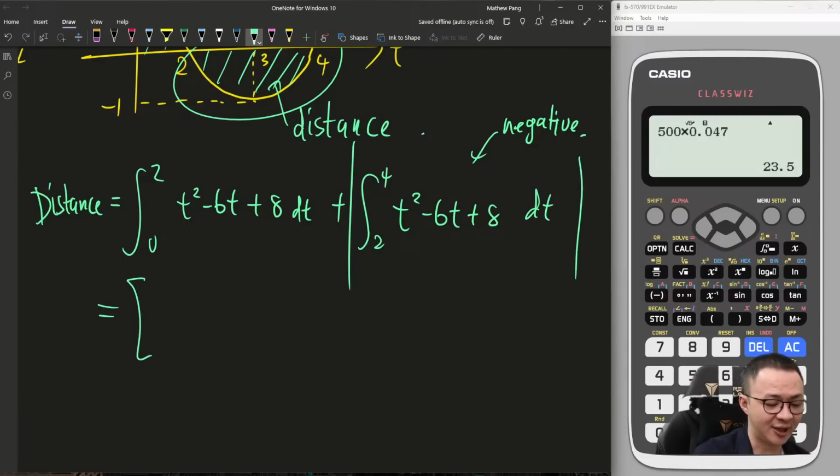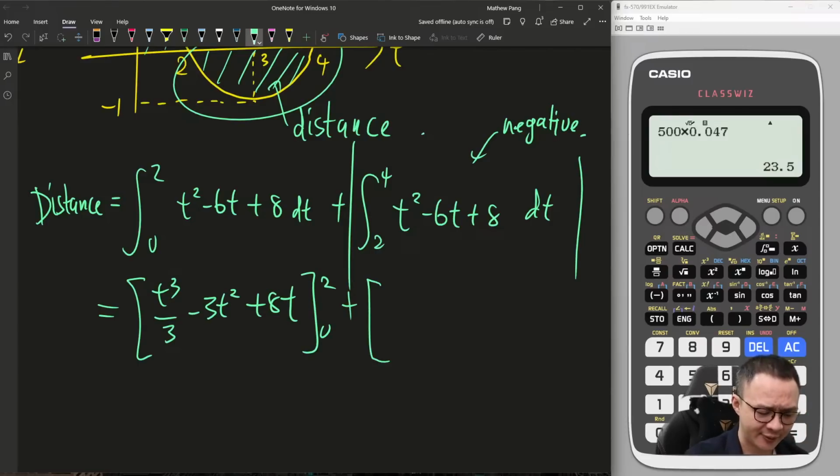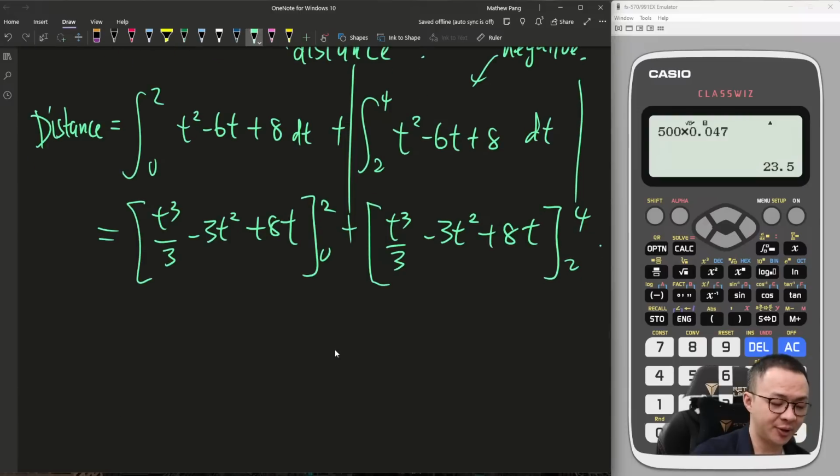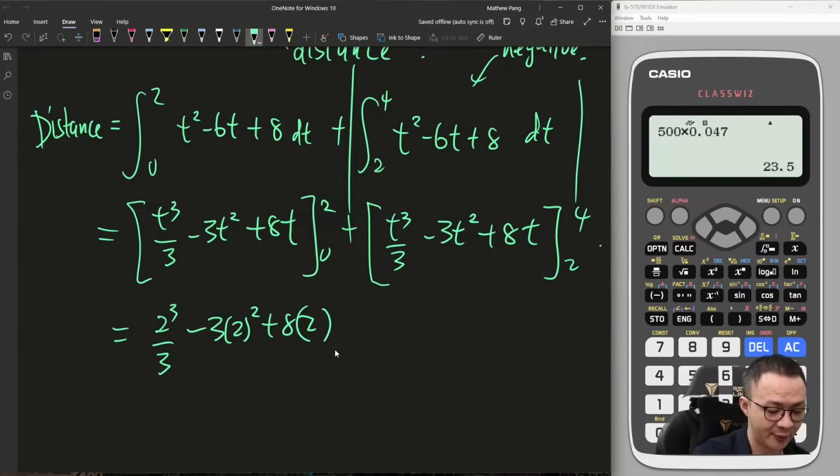Okay, then let's do it. t cubed over 3 minus 3t squared plus 8t, then 0 to 2, plus this one, same thing: t cubed over 3 minus 3t squared plus 8t, 2 to 4. Here you can pretend you do some substitution. 2 cubed over 3 minus 3 times 2 squared plus 8 times 2, minus 0.